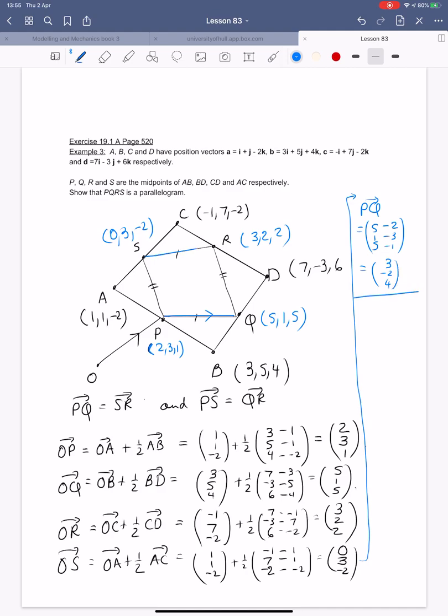S to R is hopefully the same as P to Q. S to R, 3, 2, 2 minus 0, 3, minus 2. There's a mistake. This last one here, that one's wrong there. Let me explain why.